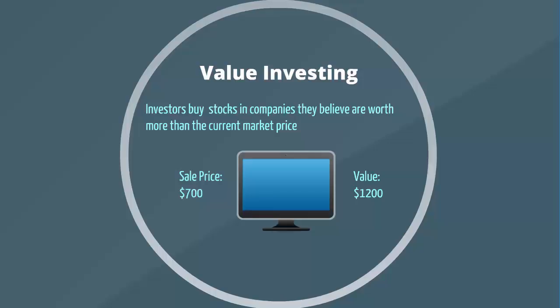Some of you may be asking, okay, that's great, but how do you know that XYZ company is actually worth $1,200 a share? Well, it's the same way you know that the TV is actually worth $1,200 and you see it at $700 and you know it's on sale. You do some basic fundamental research. And I like using TVs because most of us don't just go to a random store and buy the first TV we see.